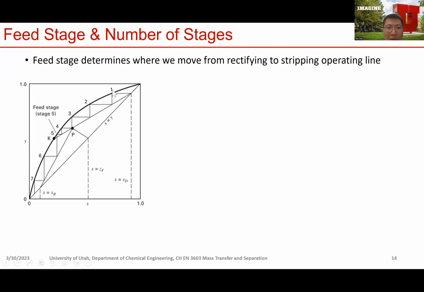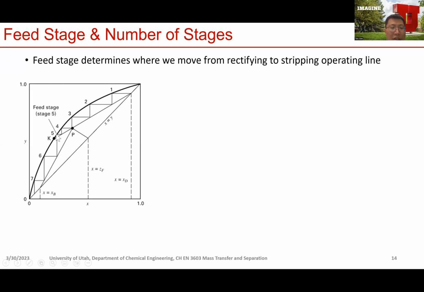If you step down to cross the operating line again, that point gives you the composition of the vapor and liquid phase between stage 1 and 2. Then you step off horizontally across the equilibrium line to find the composition of liquid and vapor at stage 2, and you do this back and forth until you reach stage 5. So in this example, we put the feed stage at stage 5.